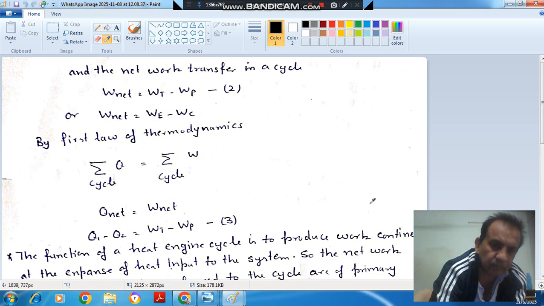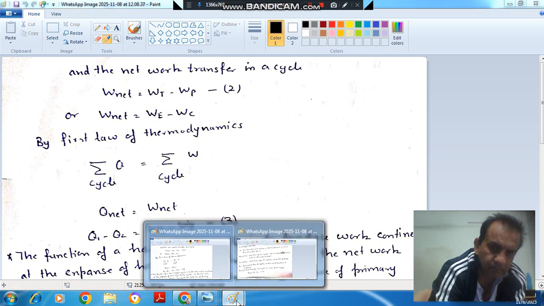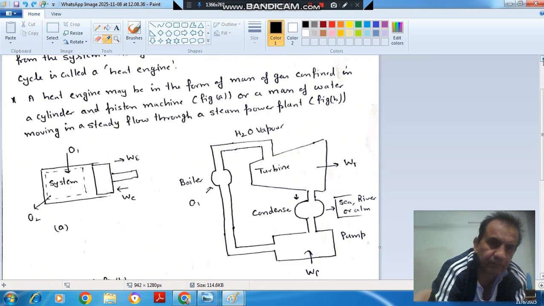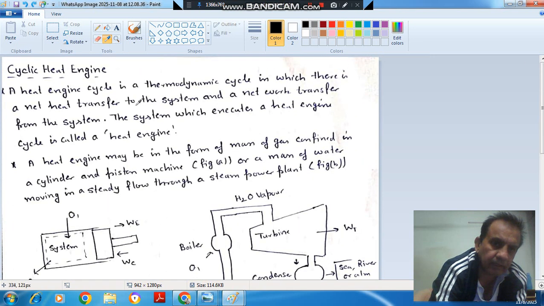So I will read this out, starting from the first point. A heat engine cycle is a thermodynamic cycle in which there is a net heat transfer to the system and a net work transfer from the system. The system which executes a heat engine cycle is called a heat engine.